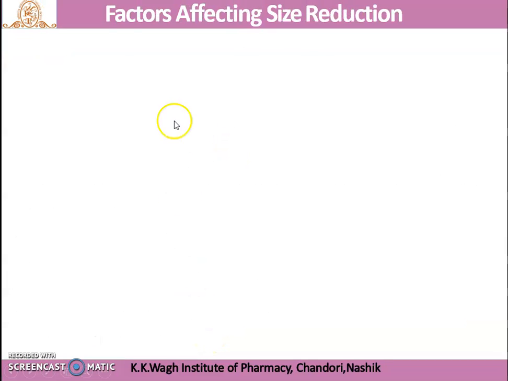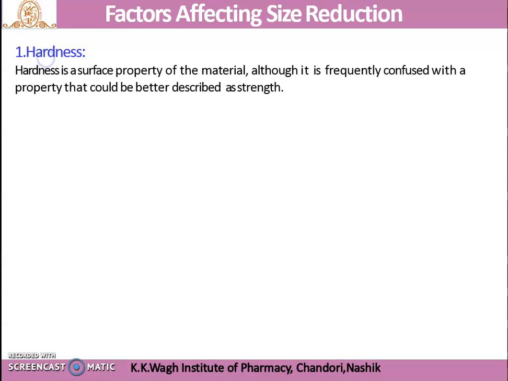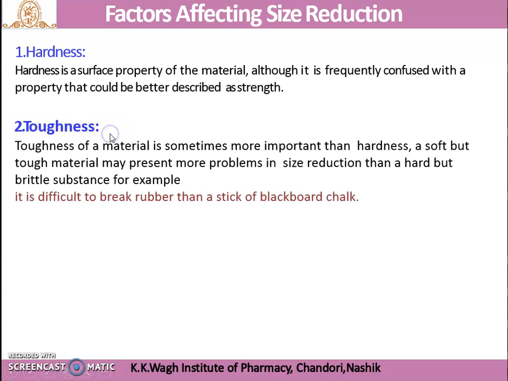Then we see the different factors affecting size reduction. The first one is hardness. Hardness is a surface property of the material, although it is frequently confused with the property that could be better described as strength. Then toughness.